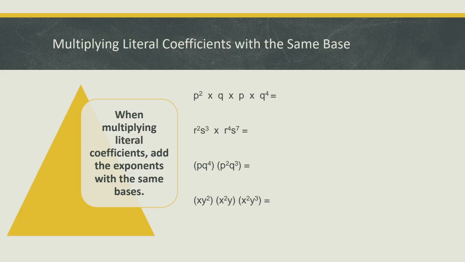If this was addition and subtraction, the rules would be different, right? We'd have a plus sign or a minus sign in between here, and we would look for variables with the exact same letter and the same exponent. In this case, we're only looking at the letter. So I have a P squared and a P. This P squared and this P can get combined, and what we do is we add the exponents.